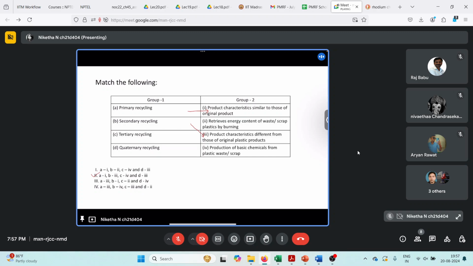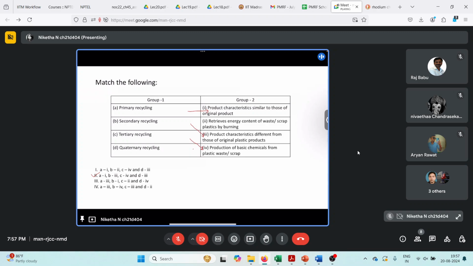And tertiary recycling is production of basic chemicals from the plastic waste or scrap. Like you can recover noble metals, you can recover lithium from lithium batteries and so on. So all this will come under tertiary recycling.